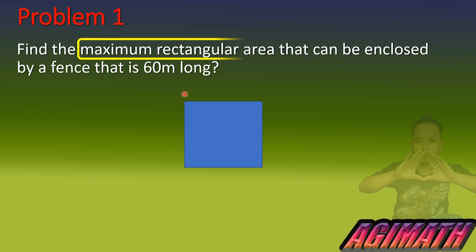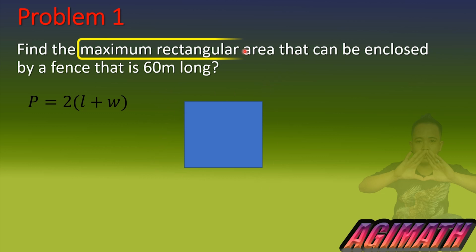With that, when we are talking about a fence, we are going to put a fence around the rectangular area. If you are familiar with the word perimeter, talking about the distance around a particular shape, that is perimeter.